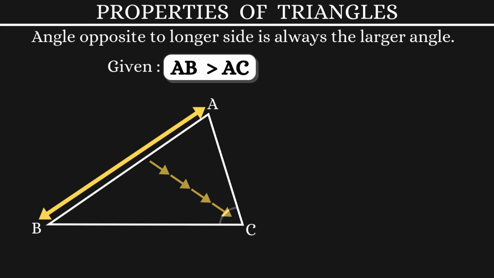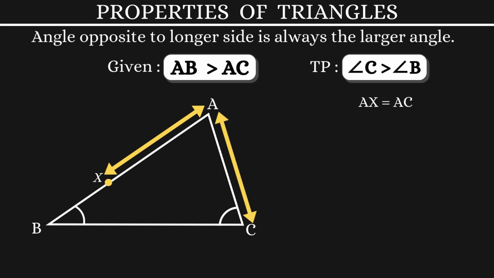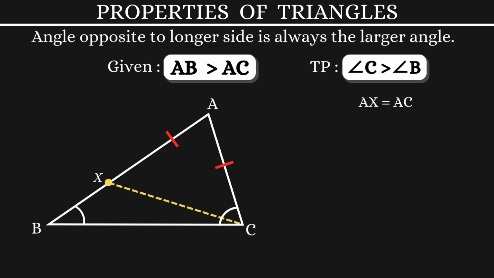So, angle C is greater than angle B. Now, let's prove this. To do that, we'll mark a point X on the side AB in such a way that AX is equal to AC. Now, we'll join X and C.